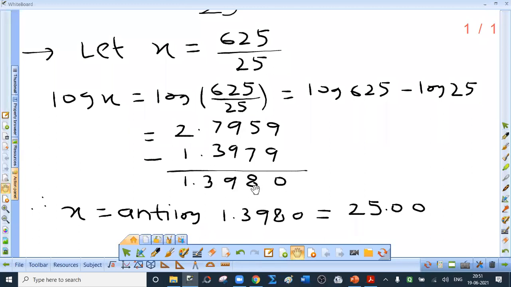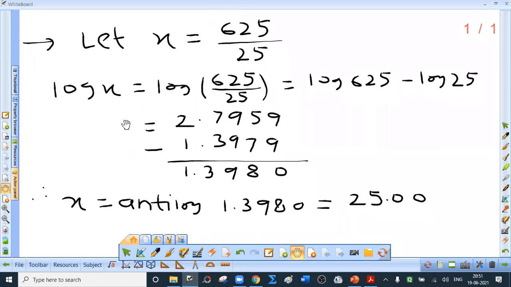Now use common sense. Will you take log of this again? It will be log of log. We need x. But I hope you will not write dividing by log. No. Anti-log. The process which is inverse to taking log. So x is what? Anti-log of this. We know that the characteristic decides the number of digits.